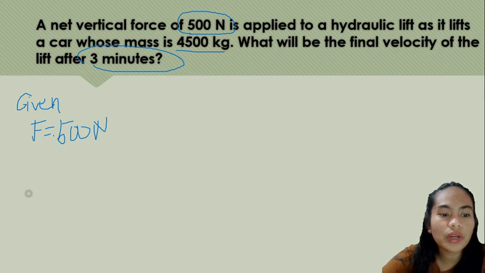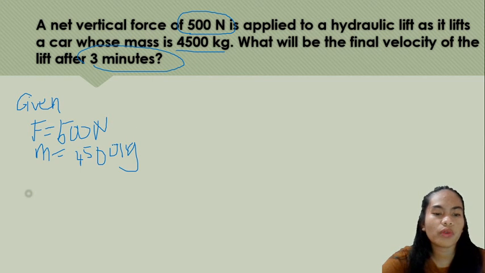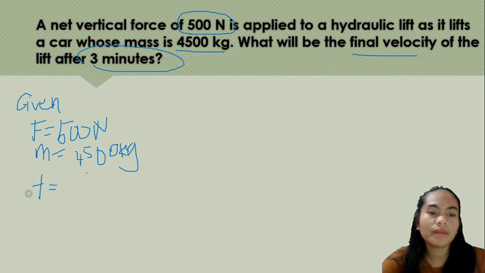We also have here the mass which is 4,500 kilograms. So, we are asking now for the final velocity. So, if we are asking for final velocity, maybe there is also an initial velocity. Okay, so our time is 3 minutes.